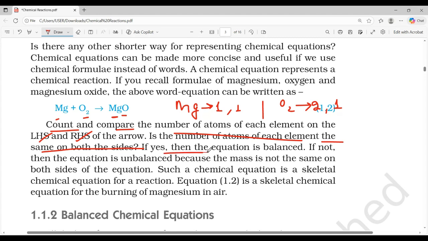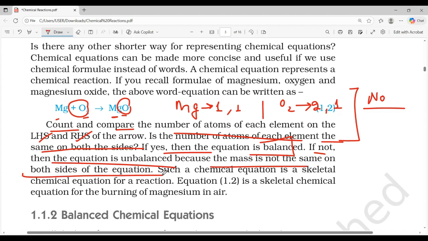If yes, the chemical equation is balanced. Is this a balanced chemical equation? No, it is not balanced, since on the left hand side we can see two atoms of oxygen, whereas on the right hand side we can see only one atom of oxygen in the formula of magnesium oxide, right? If not, then the equation is unbalanced, because the mass is not the same on both sides of the equation.